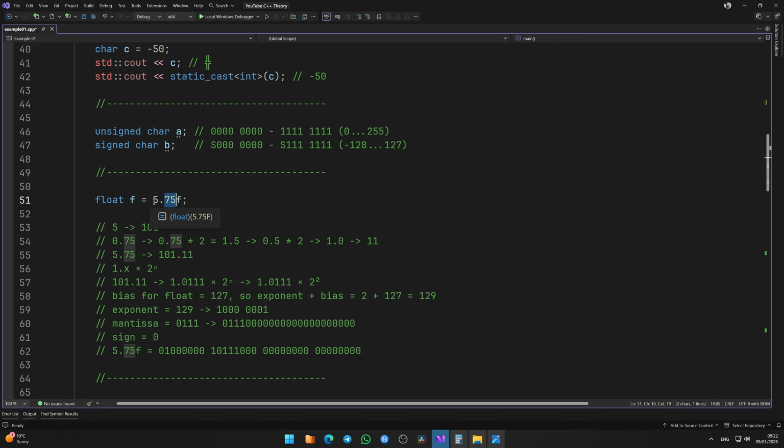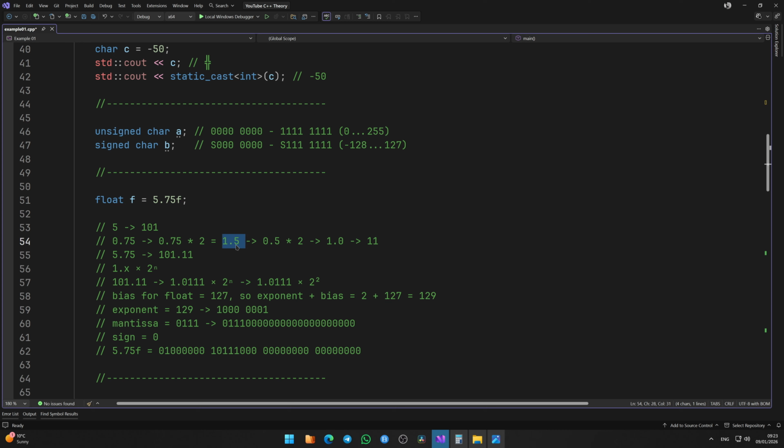The integer part, 5, in binary is 101. The fractional part, 0.75, is a bit trickier. You get it by multiplying by 2 repeatedly until you reach 1. So 0.75 times 2 equals 1.5.